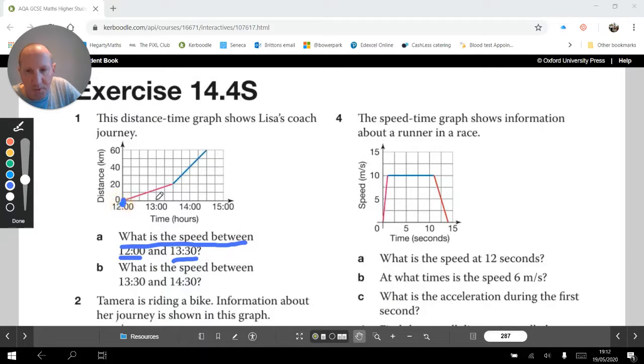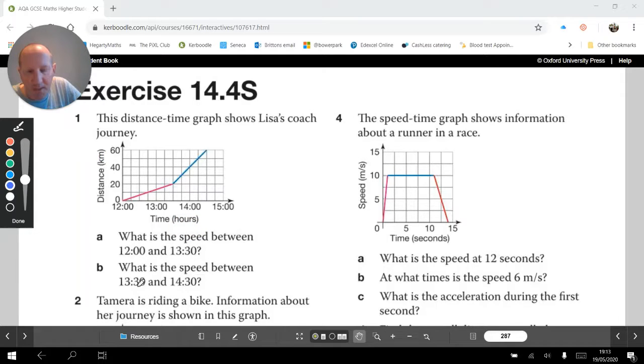Between 12 o'clock and 13:30, I've got one straight line, so the speed is the same, and the change in y is 20, the change in x is 1.5 hours, so I need to do 20 divided by 1.5. That will give you what the speed is in kilometers per hour.